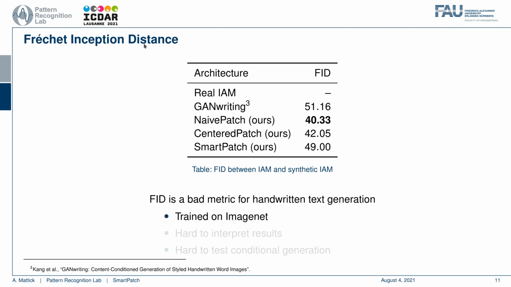Inception is a network trained on ImageNet, so on naturalistic object images, and not, for example, shallow and monochromatic text. So the embeddings might not be perfect. It's pretty hard to interpret the results. What does an FID of 40 mean for objective image quality? And it's also hard to test the conditional generation, which is also why we standardize it on our synthetic EM approach.